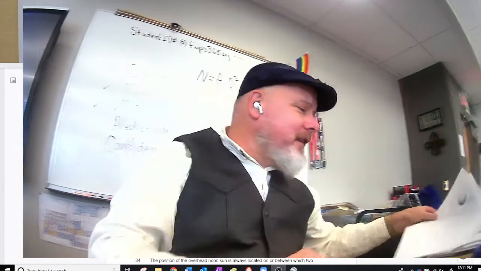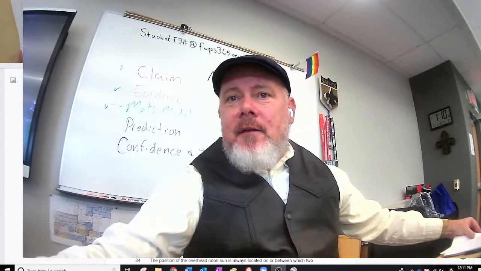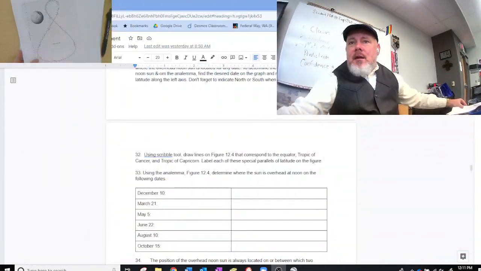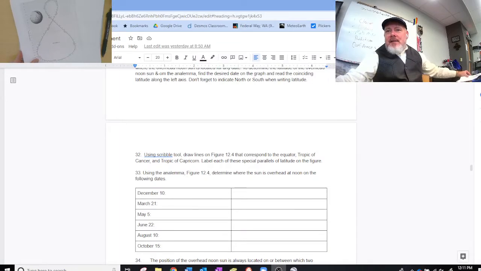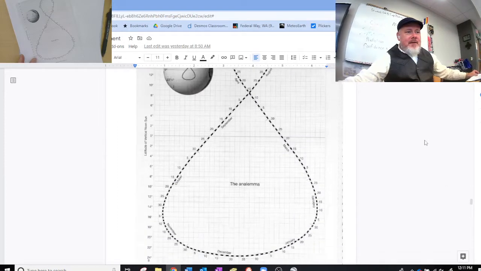So if it's November 19th, what latitude is getting the most direct sun? Well, we use this thing called the analemma. And this is found inside your assignment right here.